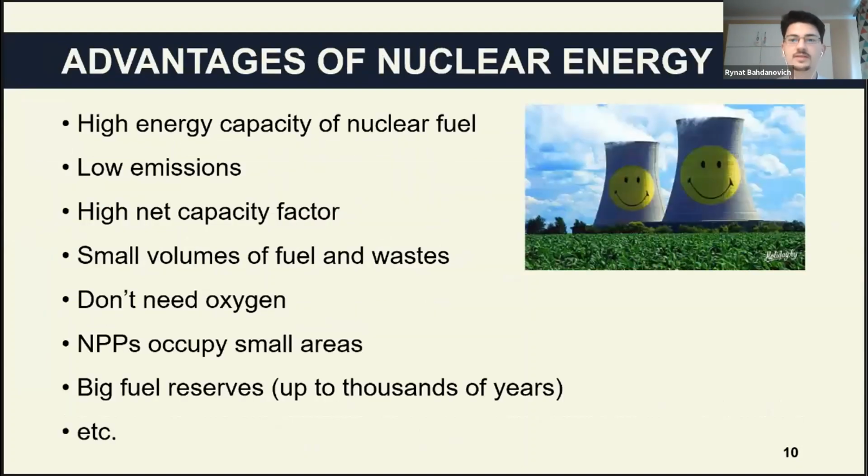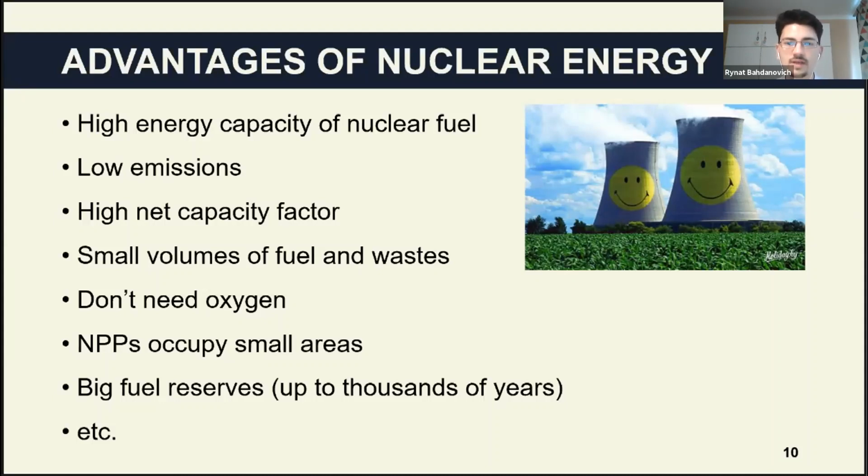On this slide, you can see what separates nuclear power from other sources of energy. The advantages of nuclear energy are the high energy capacity of nuclear fuel, low emissions, high net capacity factor, small volumes of fuel and wastes.